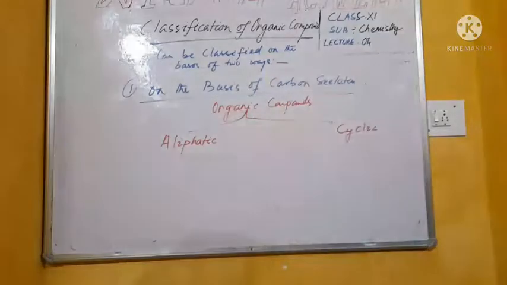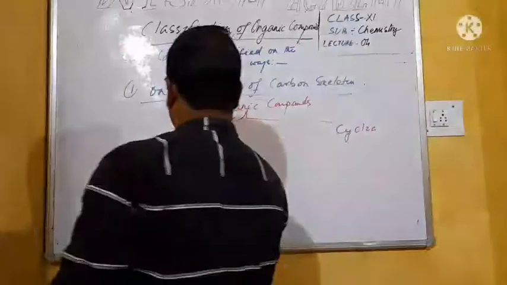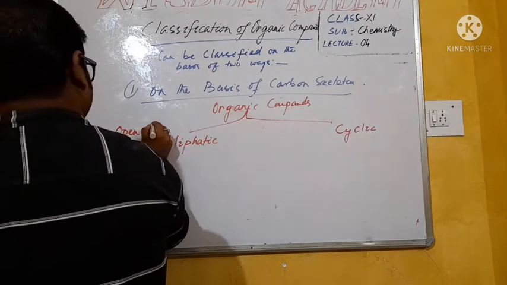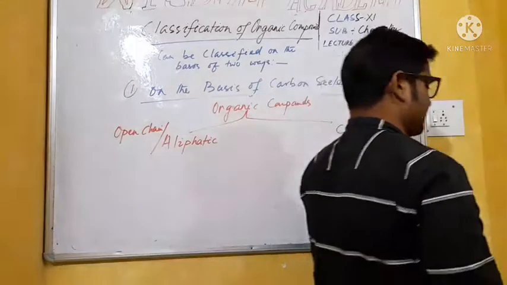Aliphatic means, students, open chain. You can read aliphatic as open chain, and the second is cyclic.